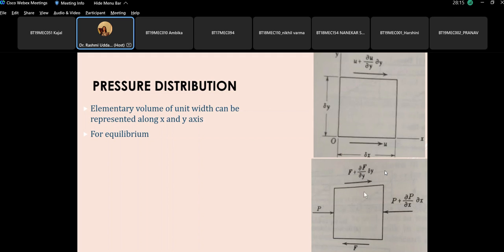This is what is causing the shearing of the oil film. So if the shear force is F at this layer, after a height del y, the shear force is F plus del F by del y into del y. Since the velocities are changing and there's a velocity gradient, the shear force is also increasing.